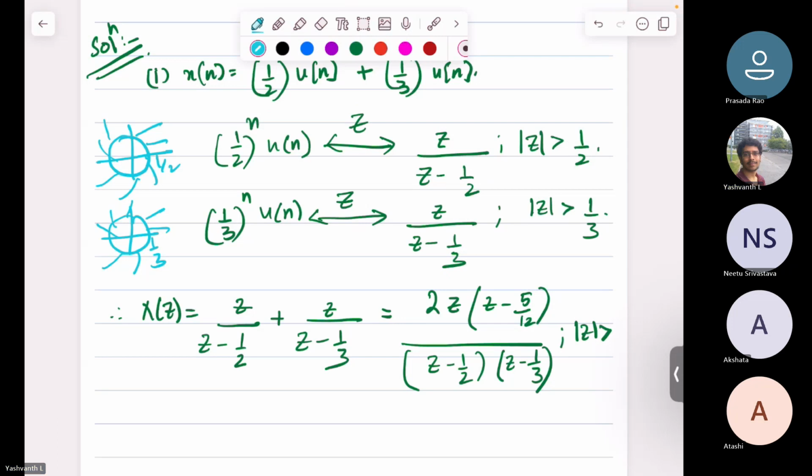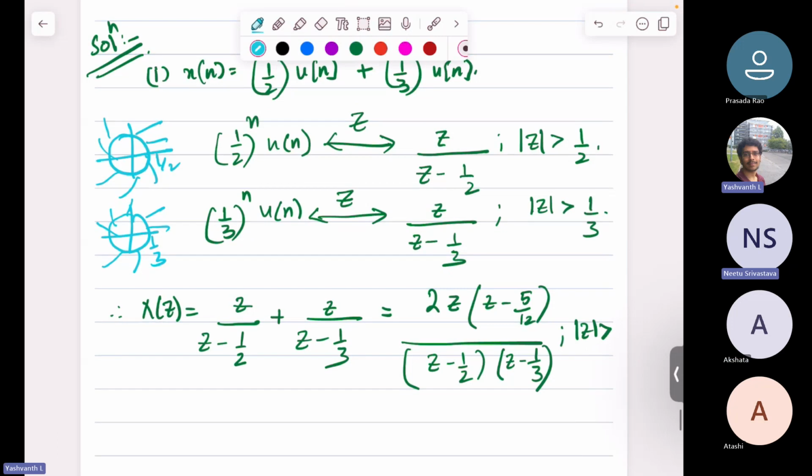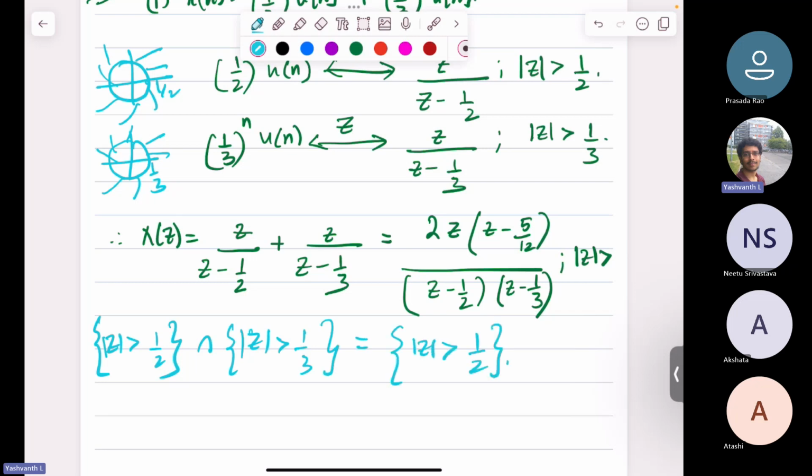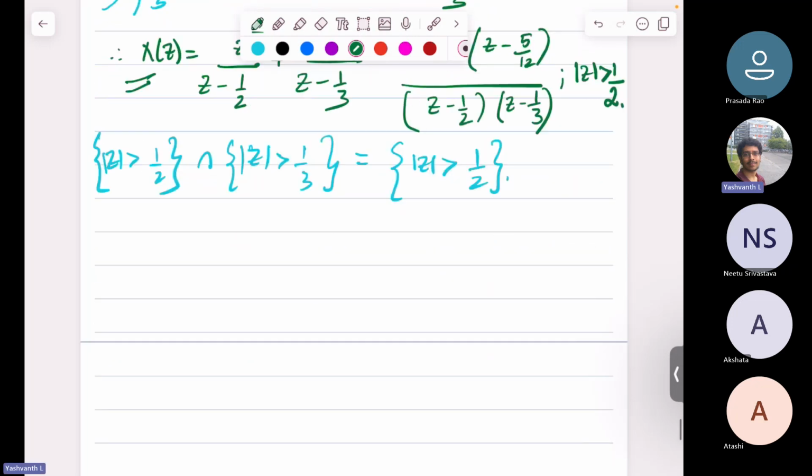Do you agree? Correct. Therefore, Z greater than 1 by 2 intersection Z greater than 1 by 3 is nothing but Z greater than half. So the final Z transform X of Z will have the ROC mod Z greater than 1 by 2.